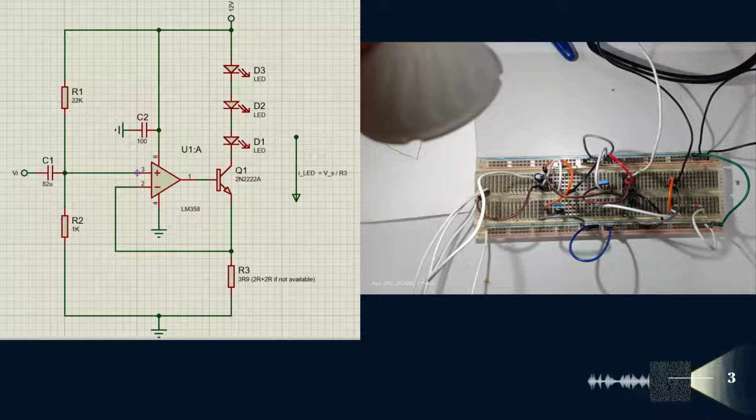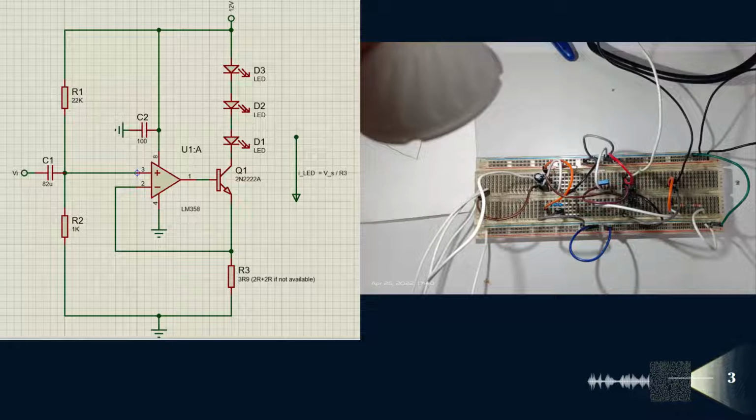Since the power of the LED spotlight is 6 watt, and its supply voltage is 12 volt, the maximum LED current, ILED max, can be calculated as ILED max equals P, which is the power of the LED, 6, divided by V LED, which is 12. The ILED max will equal 0.5 amp.